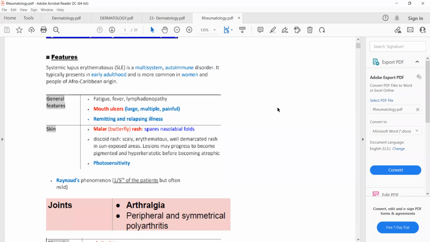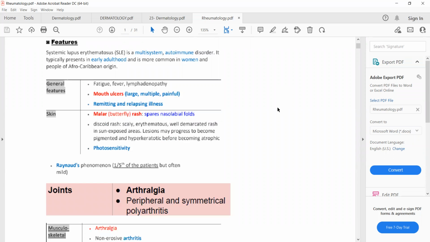There will be multiple painful mouth ulcers present in SLE. So after general features, we will discuss skin manifestations of SLE, and skin manifestations include malar or butterfly rash and discoid rash.